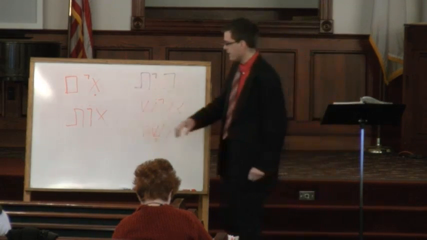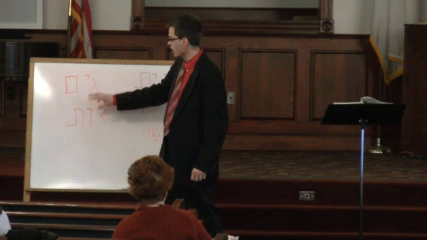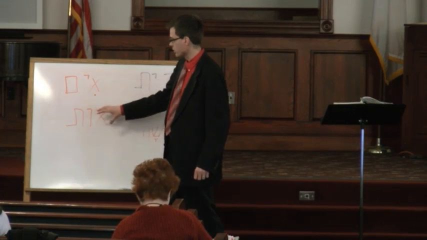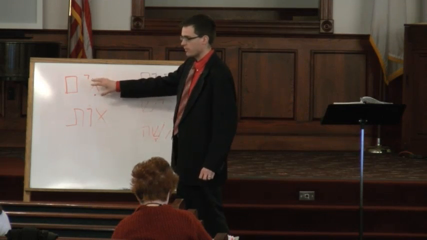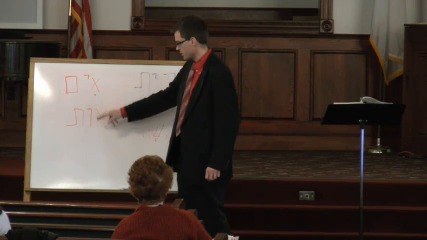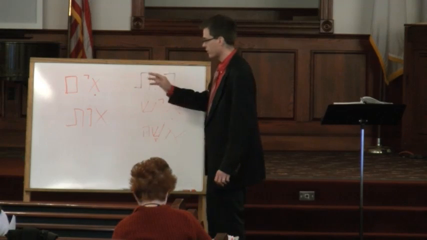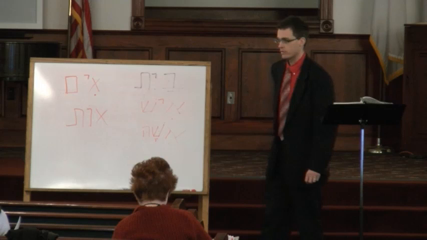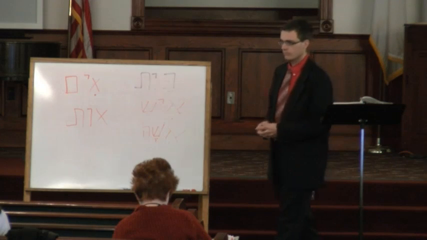So whatever ending it takes doesn't change the gender of the word. This is a good guide to know whether it's masculine or feminine, but even if it's an exception, it's still whatever its gender is. The gender does not change. Why is there an exception?